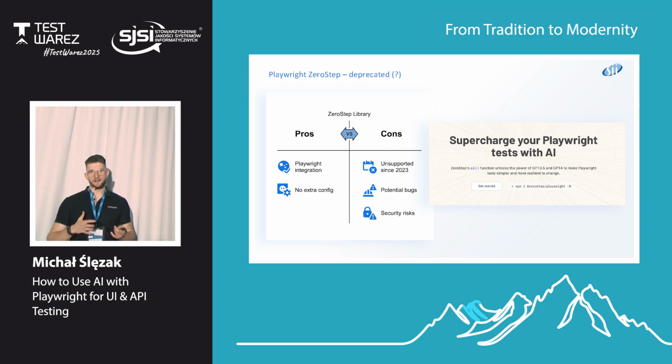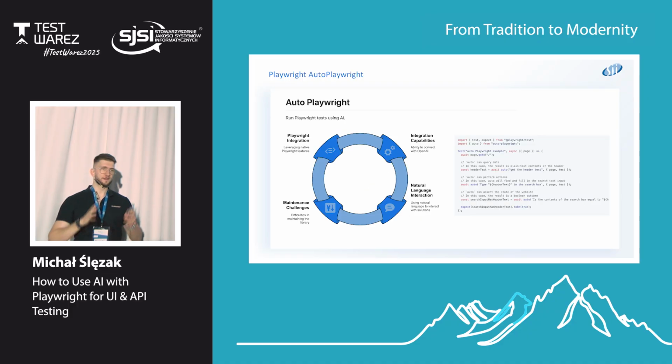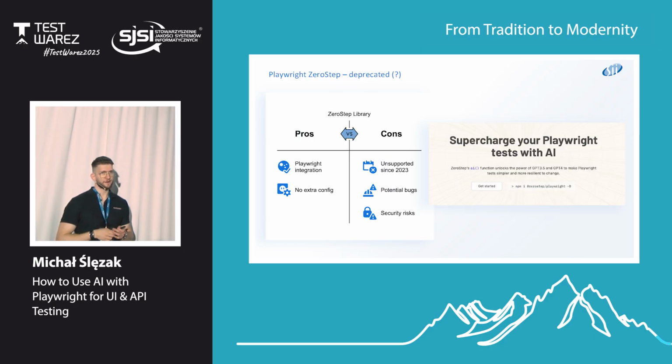So it's much better to use the OpenAI API directly, because Auto Playwright was Playwright with added integration for the OpenAI API, and it's much easier to create that from scratch. So for now, it's better not to use it.